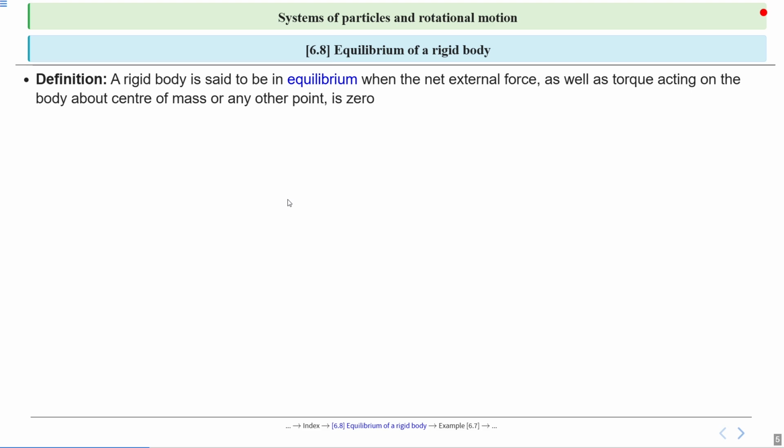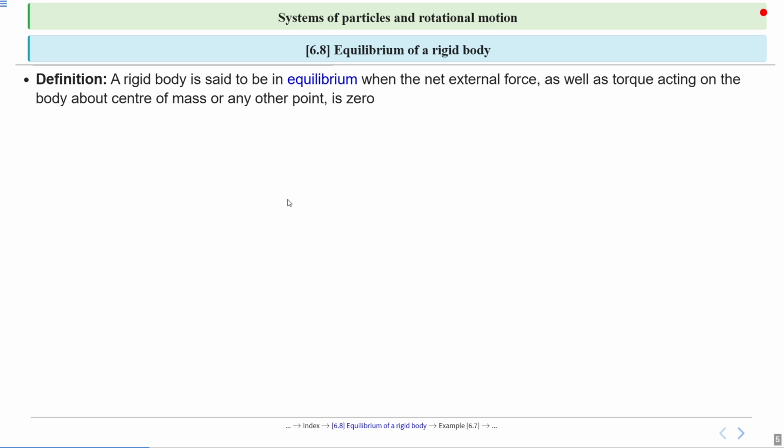acceleration. So, if we talk about the definition, we can say a rigid body is said to be in equilibrium when net external force as well as torque acting on the body about center of mass or any other point is zero.